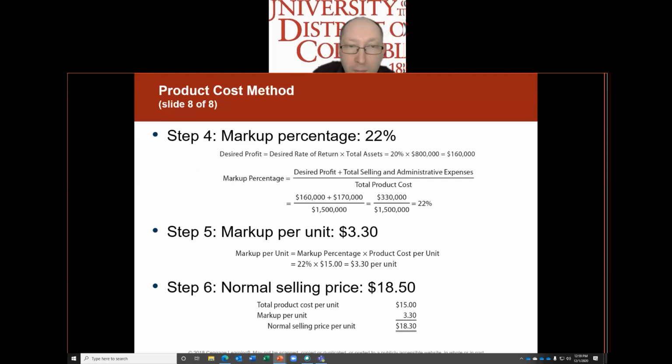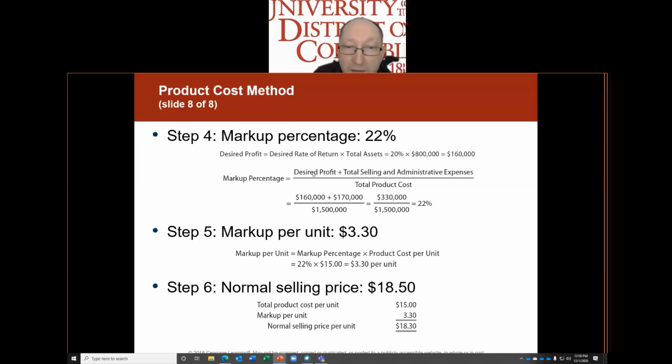Step 4, the markup percentage. So to get your markup percentage, first you figure out your desired profit: desired rate of return times total assets. Desired rate of return is 20% times total assets, 800,000. That's 160,000. Then I figure out my markup percentage.